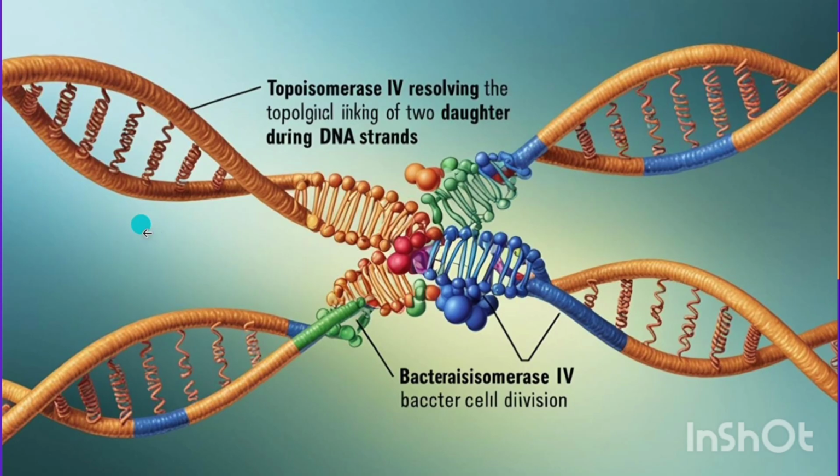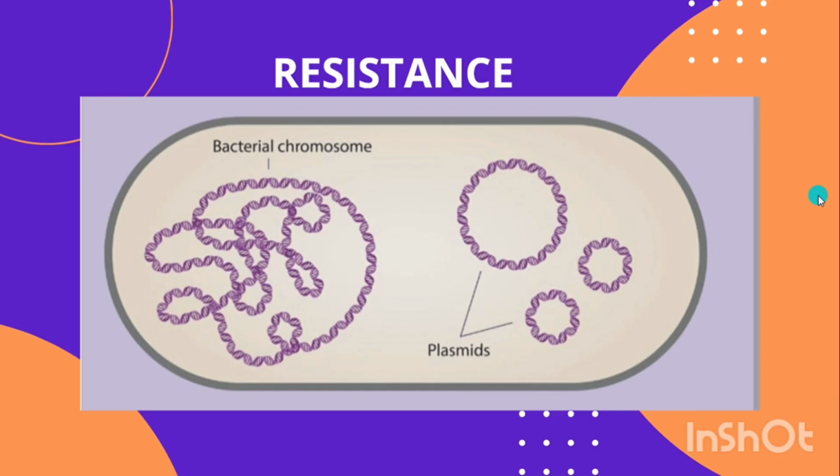Coming to the resistance to fluoroquinolones, bacterial resistance development towards fluoroquinolones is almost negligible. Plasmid mediated resistance is not seen. As you know, a plasmid is a circular DNA molecule which is separate from the chromosome of the bacteria.